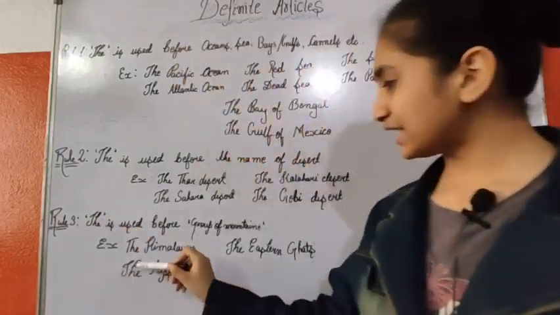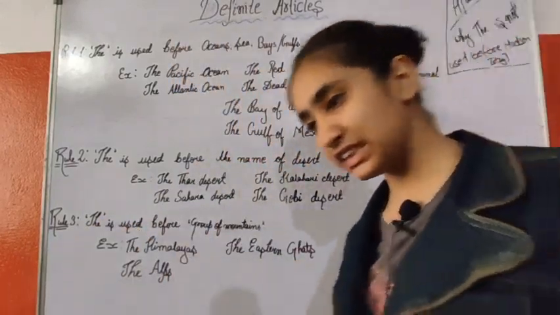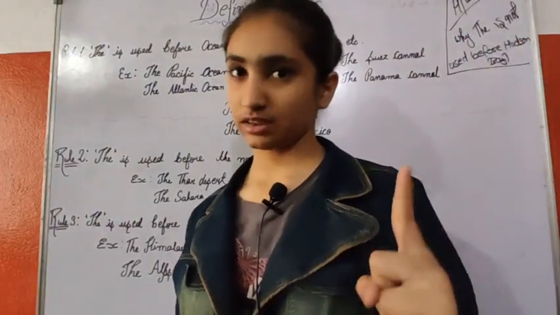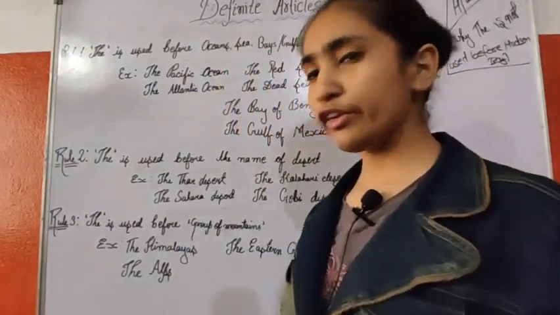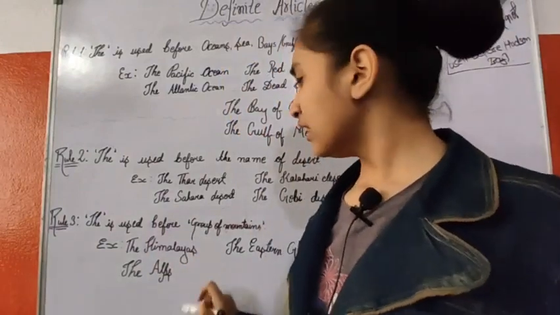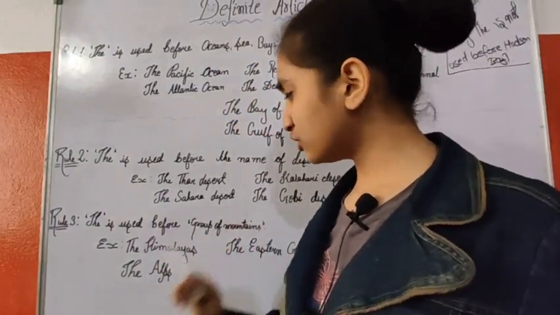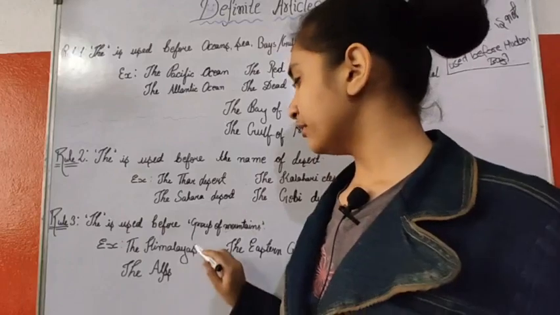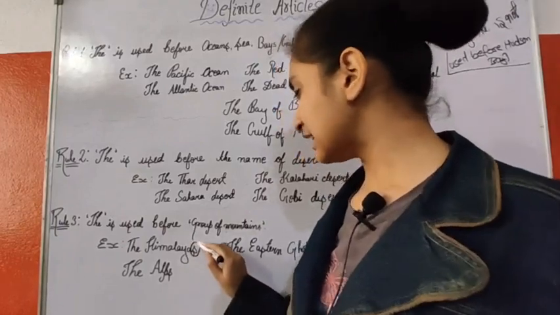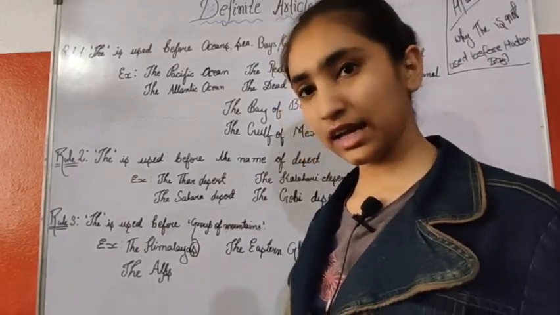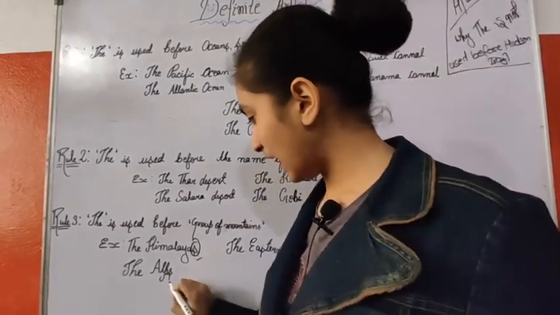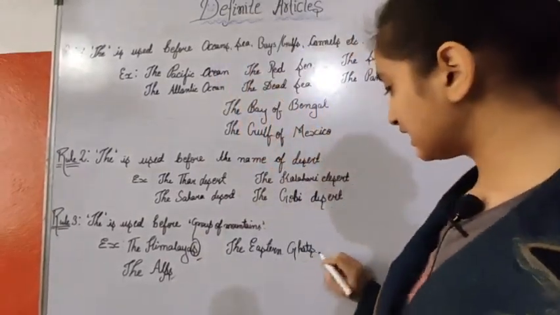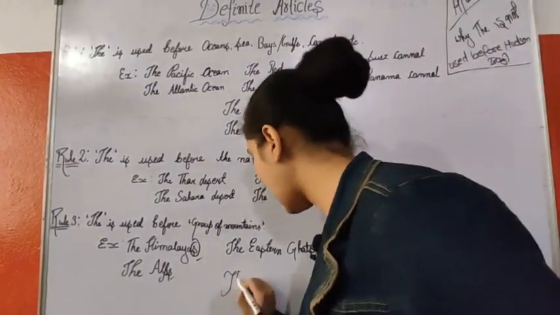For example, the Himalayas, the Eastern Ghats, the Alps, but these are groups of mountains. Or you can easily understand it this way: "the" is used before those mountains which have S at the end, like the Himalayas, the Alps, the Eastern Ghats, the Western Ghats.